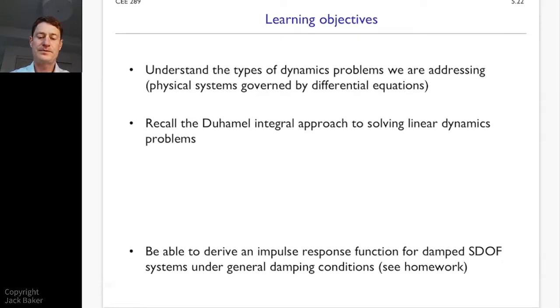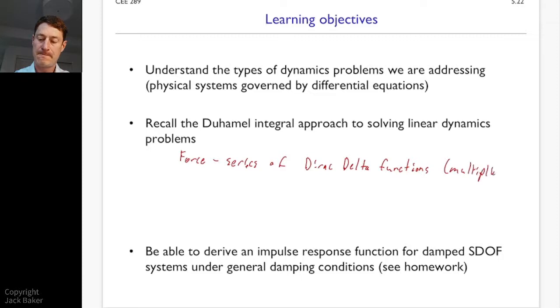So far we're thinking primarily about this Duhamel integral approach. The idea is that we can define the force as a series of Dirac delta functions multiplied by constants to vary the amplitudes.